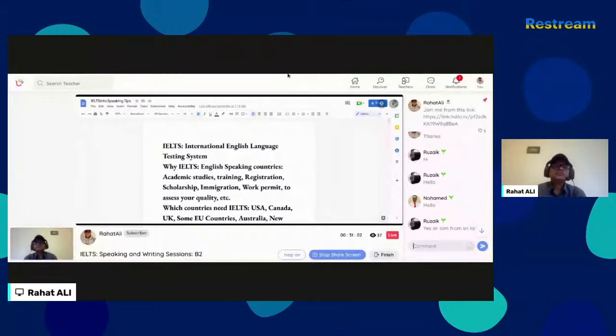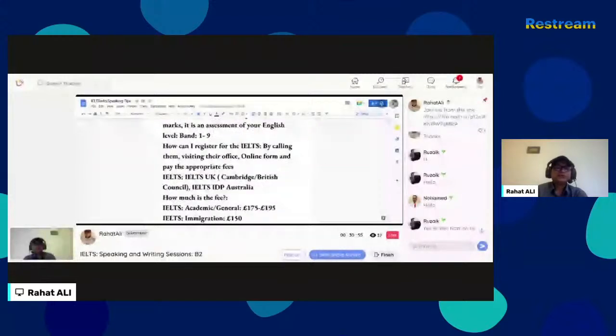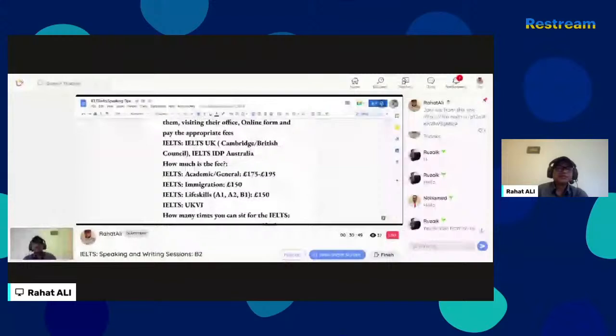Okay. So I'm just sharing the basic information for the IELTS exam. There are two authorities that offer this exam: IELTS UK, Cambridge and British Council, and IELTS IDP Australia.